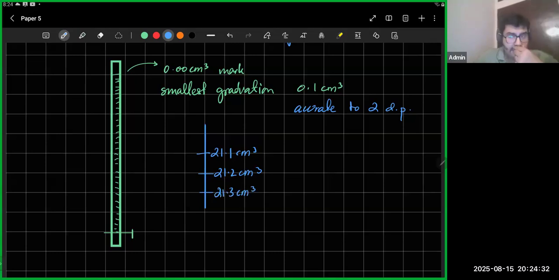Now, although there is no graduation for 2 decimal places, if you get a level right between the two, you can describe this as 21.25. The reading is right in the middle.